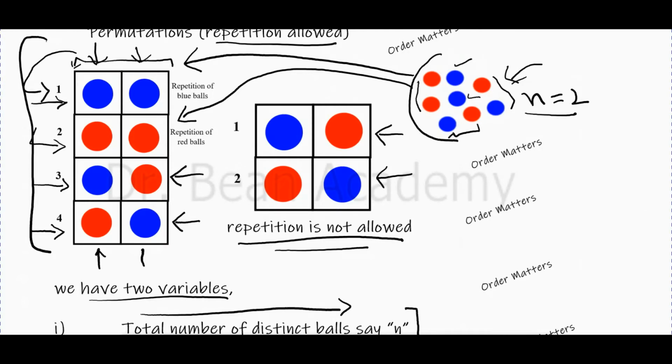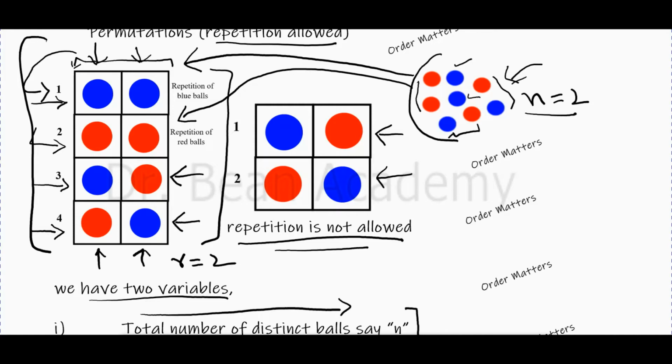You cannot increase the size of the permutation. For example, you cannot put another ball to the left or right side. You are limited. So the size of the permutation is 2. So in this situation, R is equal to 2. And if you think about these arrangements, you will know that only these two variables will determine how many permutations are possible for any given situation.